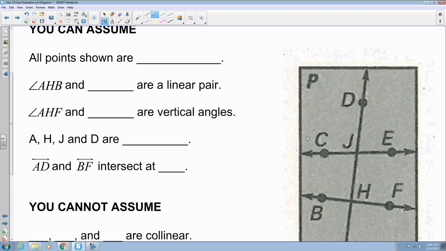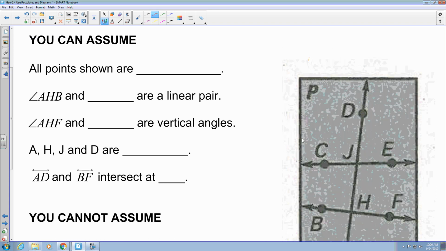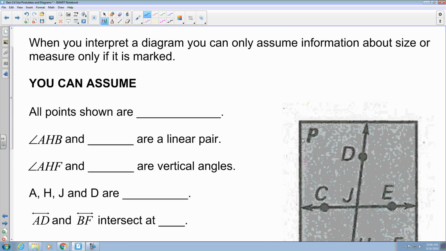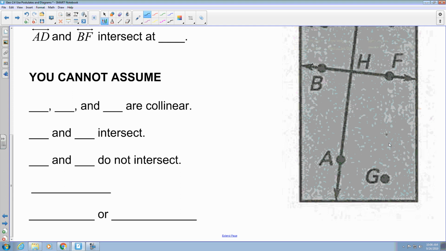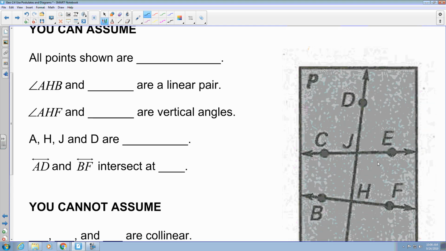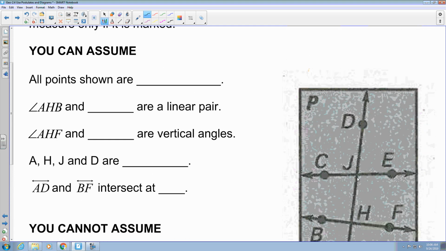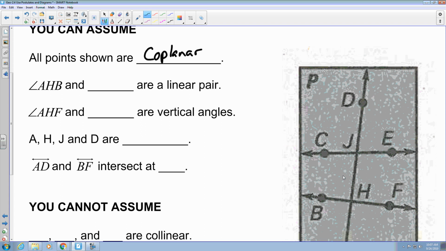The top portion here says what can we assume? If we look at this entire diagram, it seems like every point is on plane P. Since all the points are on plane P, we can make the assumption that they are coplanar. Let me illustrate this.